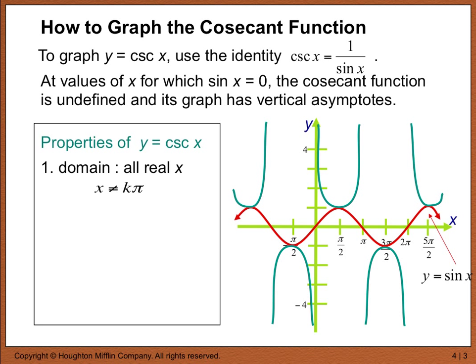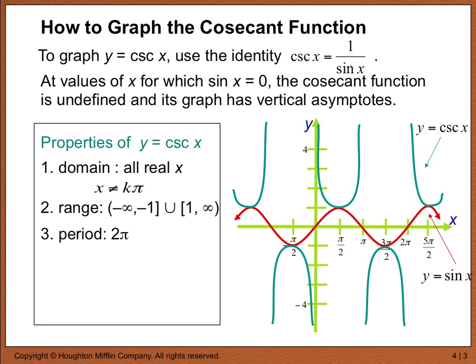This is what the cosecant function would look like. See how its vertices touch the peaks and troughs of the sine function, and also the asymptotes occur at multiples of pi. The range is negative infinity to negative 1 and 1 to infinity, period 2 pi.